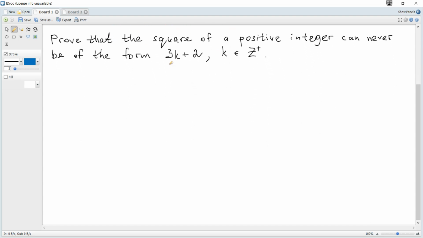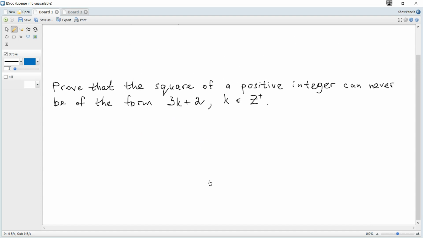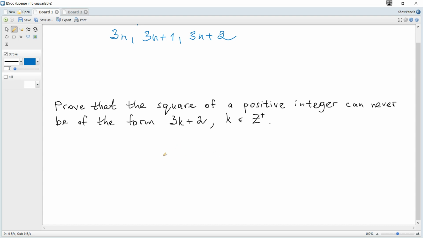So here we can see that 3k is involved, so it will be useful to consider all possible integers as three groups, 3n, 3n plus 1, 3n plus 2.